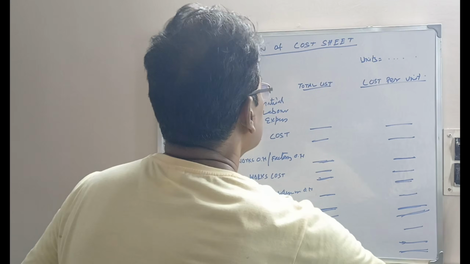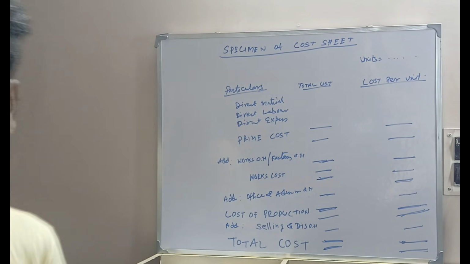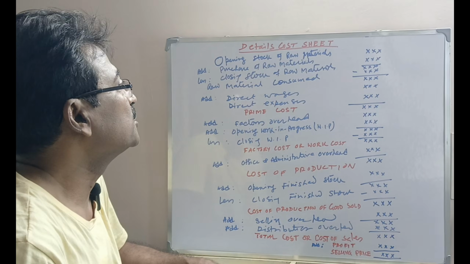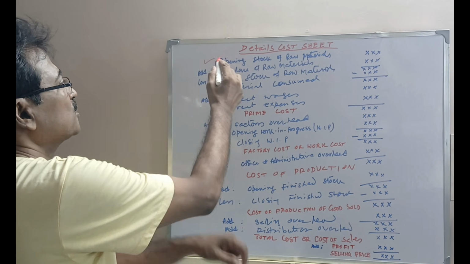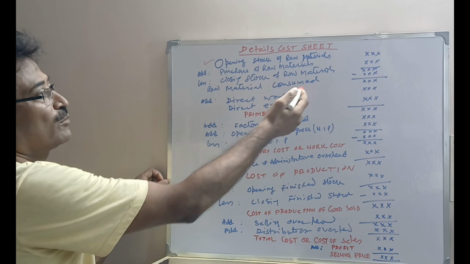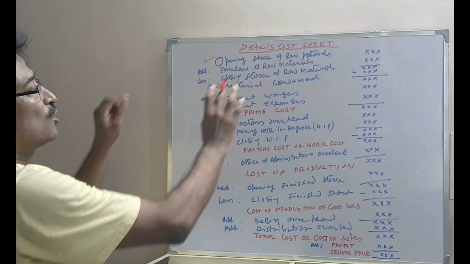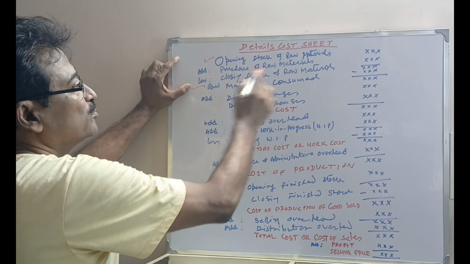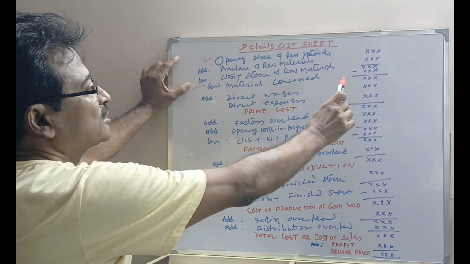Now we will see the detailed breakup of the cost sheet. Let us discuss the details of a cost sheet. So here is opening stock of raw material, add purchase of raw material and less closing stock of raw material. This is called raw material consumed. Opening stock plus purchase less closing, raw material consumed.